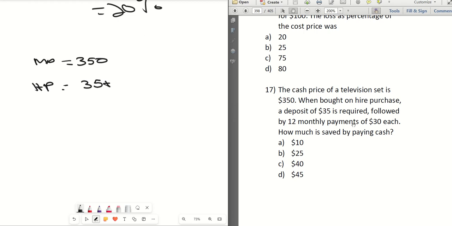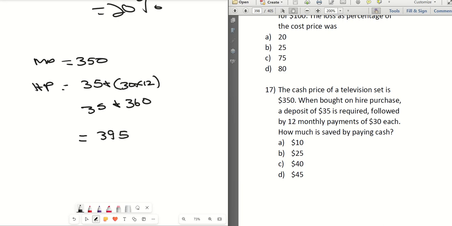The amount payable is just how much you paid for the 12 months. That's 30 multiplied by 12. So that's 35 plus 360, right? Because 3 by 12 is 36, and then you add the 0. That is 395. So the difference between 350 and 395, I am saying, is 45.